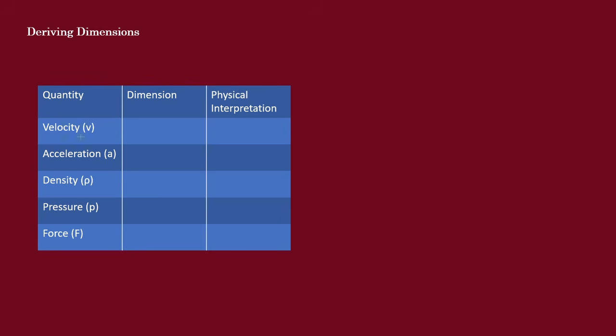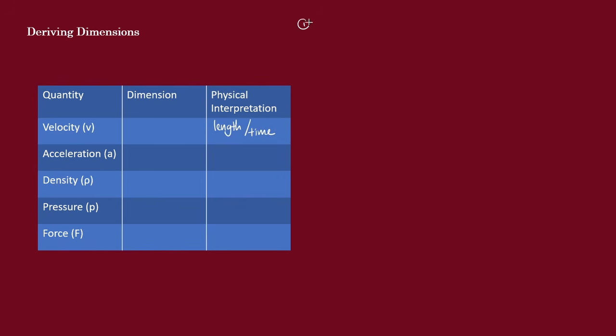Let's say you want to derive for velocity. You want to ask yourself, what is velocity? Velocity is a distance over time, so I can say it's a length divided by time.